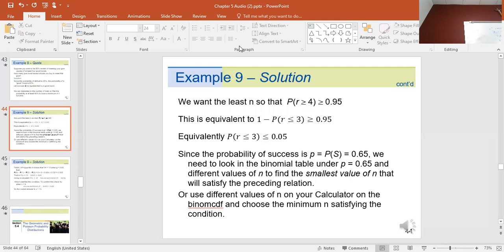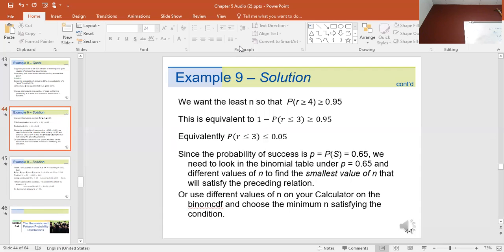Does it satisfy this? Is it less than or equal to 0.05? Anybody else has 0.106? Nobody tried? Somebody got something else? Okay, let's do it together.